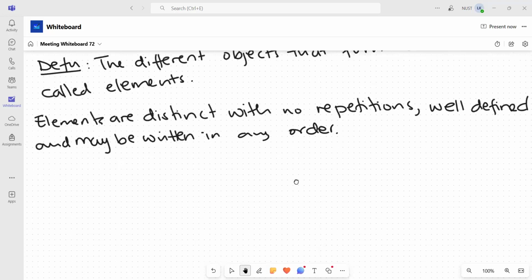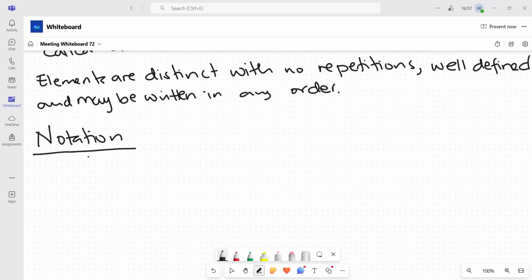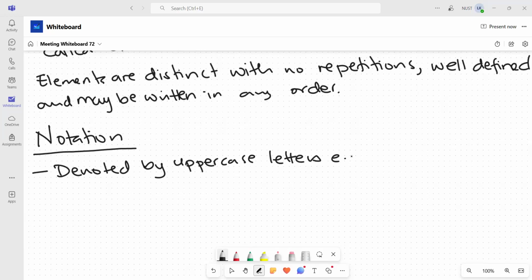Okay, then we have notation. How do we denote these sets? Our sets are denoted by uppercase letters. Usually we'll call them capital letter A, B, C, and so on.